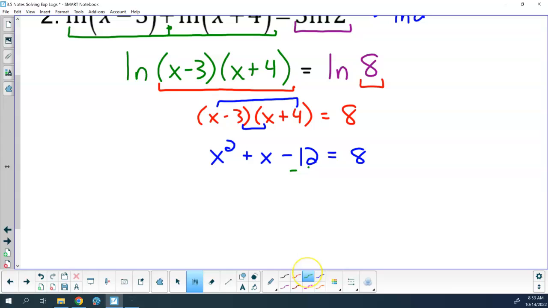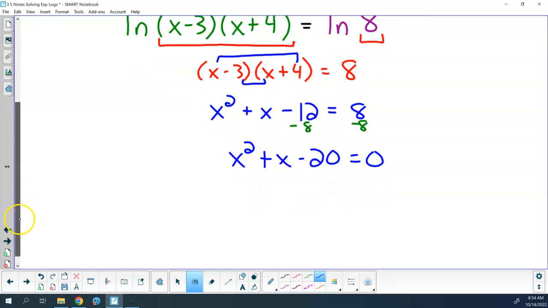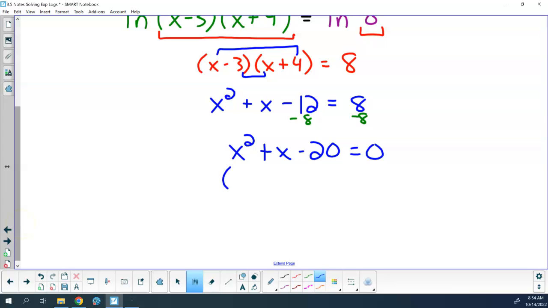Subtract 8 from both sides. x squared plus x minus 20 equals 0. Two numbers that multiply together to be negative 20, yet add to be positive 1. 5 and negative 4.